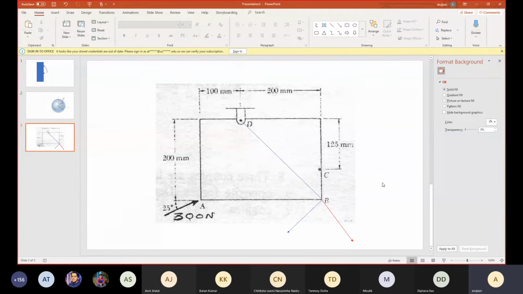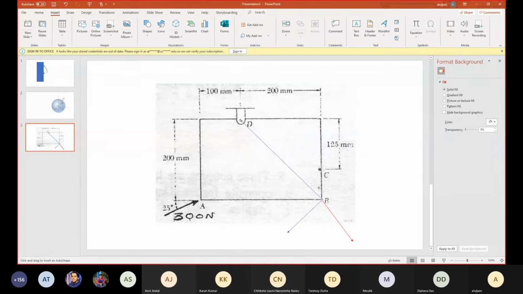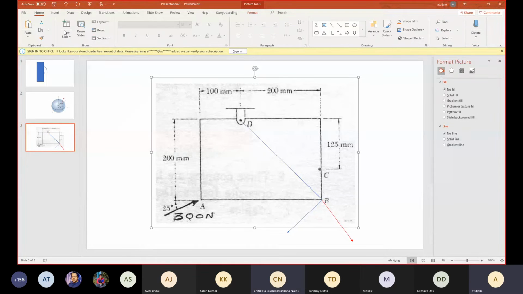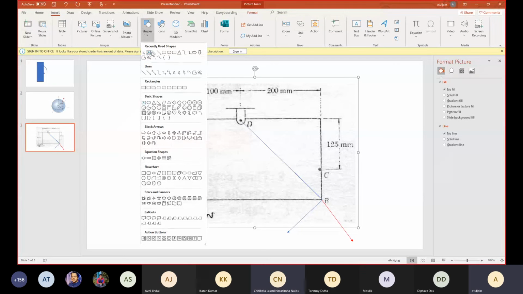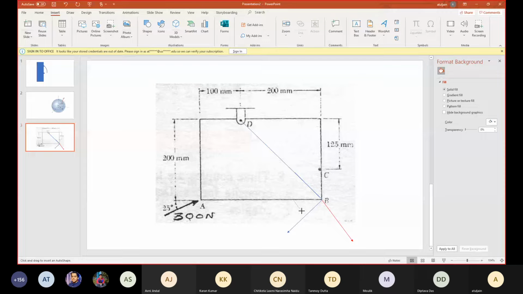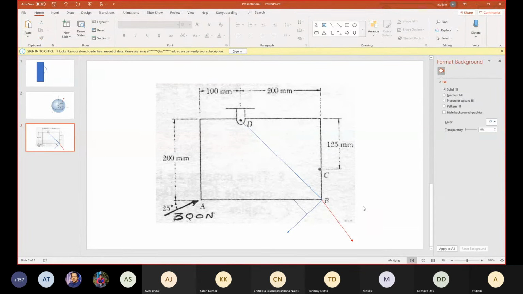We have to calculate this angle. Now angle DBA is 45 degrees and the direction of this force should be 90 to DB. So this should have been 45 degrees, which is the answer.